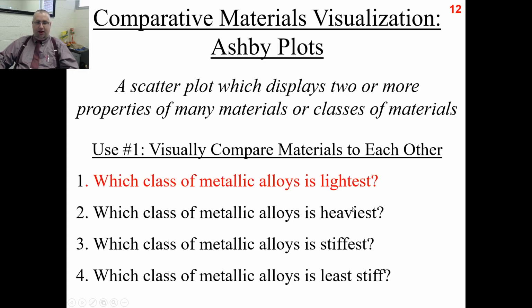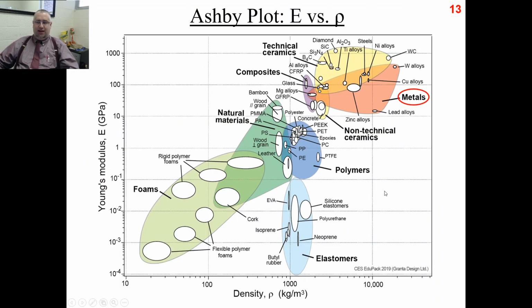We're going to start with the lightest. Here is our associated Ashby plot, and we're just talking about metals, or metallic alloys, which is this family of materials encapsulated in this red blob.